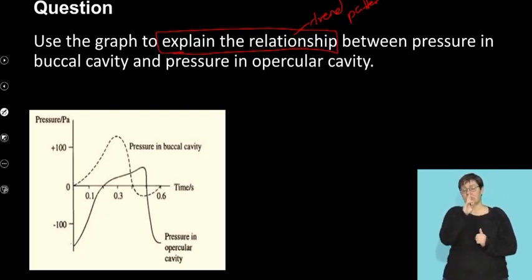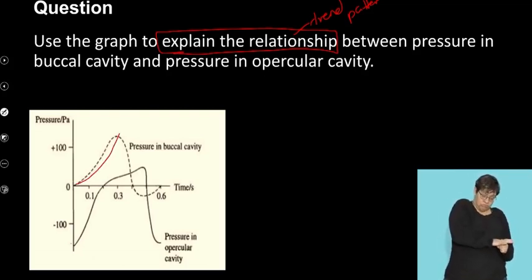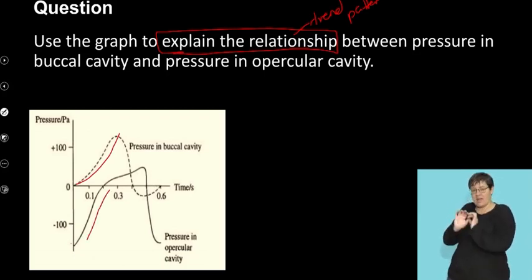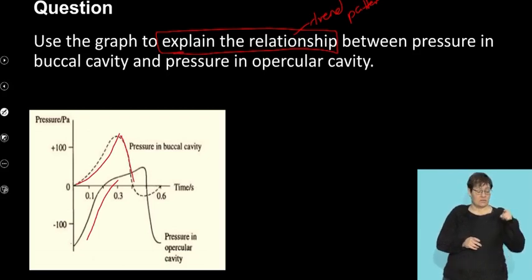Guys, have a look over here. The pressure is very simple. When the pressure in the buccal cavity rises, so does the pressure in the opercular cavity. And when the pressure in the buccal cavity decreases, so the pressure in the opercular cavity decreases. So they have a direct relationship.